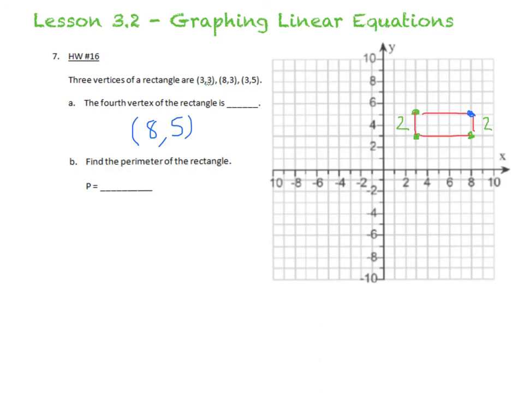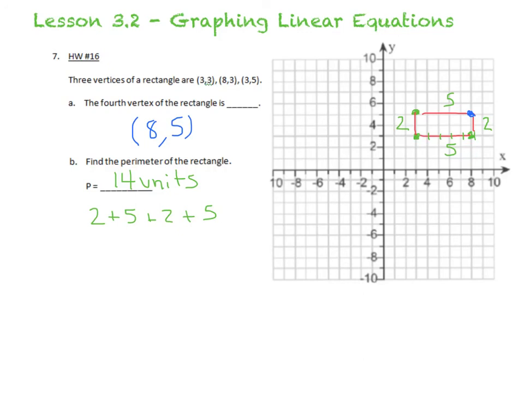The next side is 1, 2, 3, 4, 5. So this is 5. This is 5. 2 plus 5 plus 2 plus 5 is 14, and we can put units to be specific. And that's how we find perimeter.